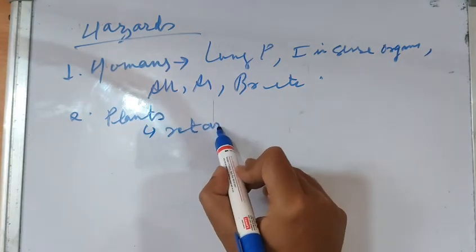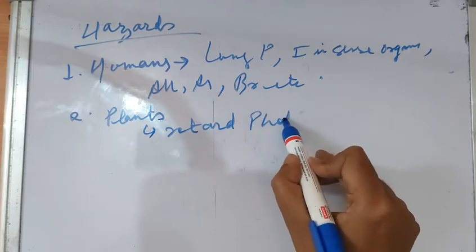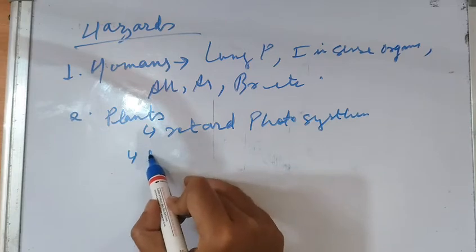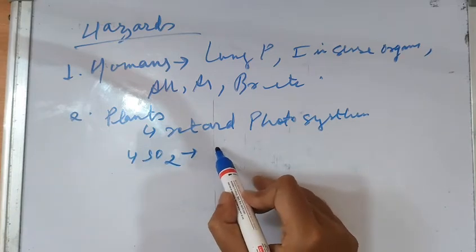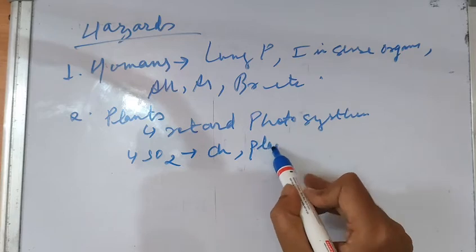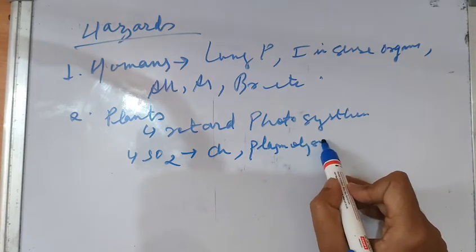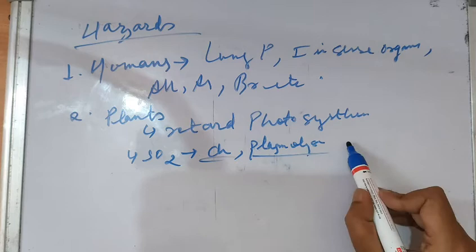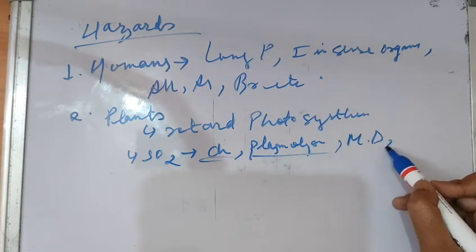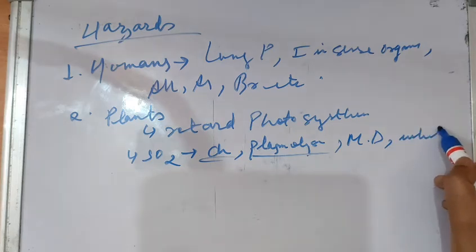And to plants, how does air pollution affect plants? It retards photosynthesis. SO2 leads to chlorosis, plasmolysis, membrane damage. It also inhibits metabolic functions.